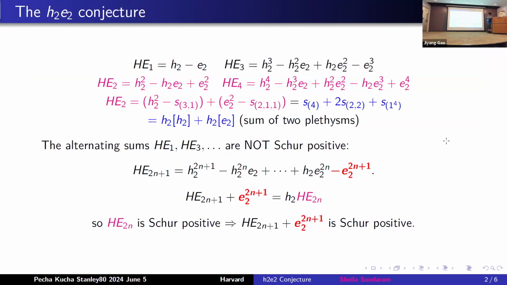You can see that for odd n, the HE2n plus 1, for instance, is definitely not Schur positive. The sign representation shows up with multiplicity minus 1. For even n, HE2 is already a little interesting because there are a couple of different ways of writing it to show Schur positive, besides the Foulkes state, of course.